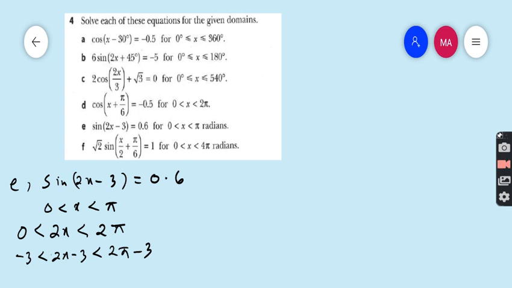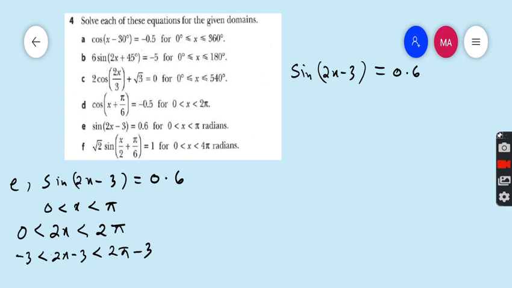Now write the question again: sine of 2x minus 3 is equal to 0.6. We have to find all angles for this domain, meaning from minus 3 to 2 pi minus 3.